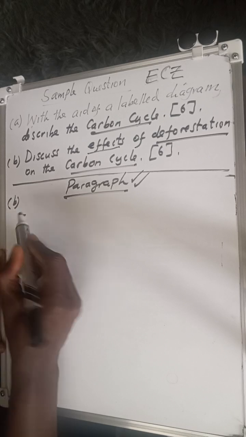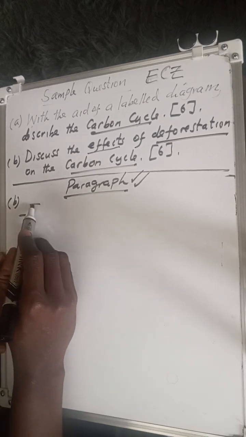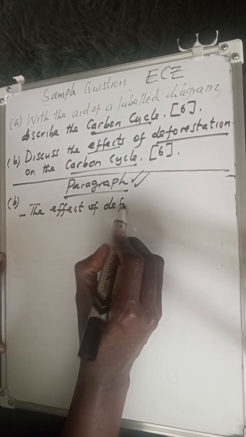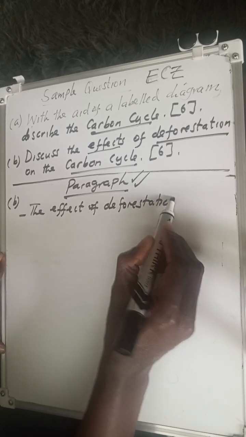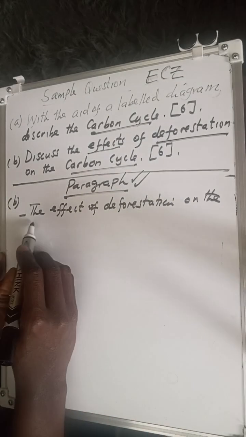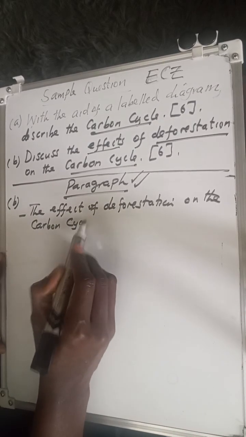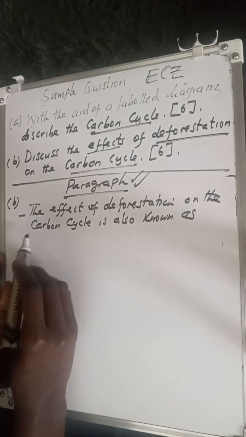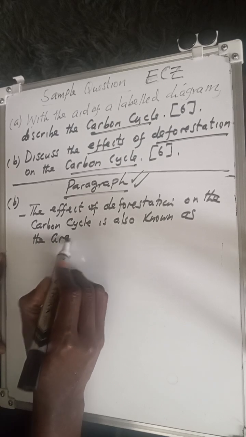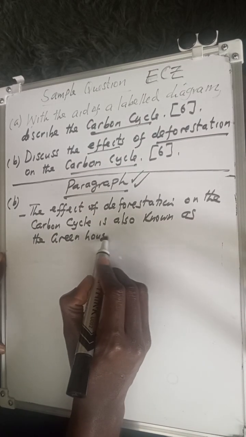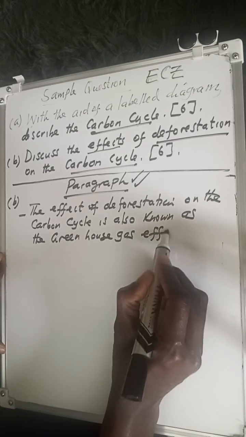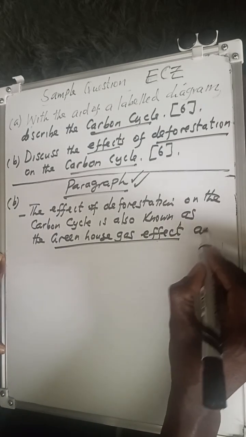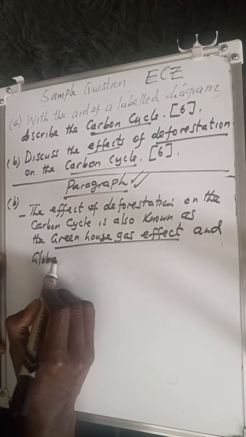So we can simply say that the effect of deforestation on the carbon cycle is also known as the greenhouse gas effect, and what we simply call global warming.